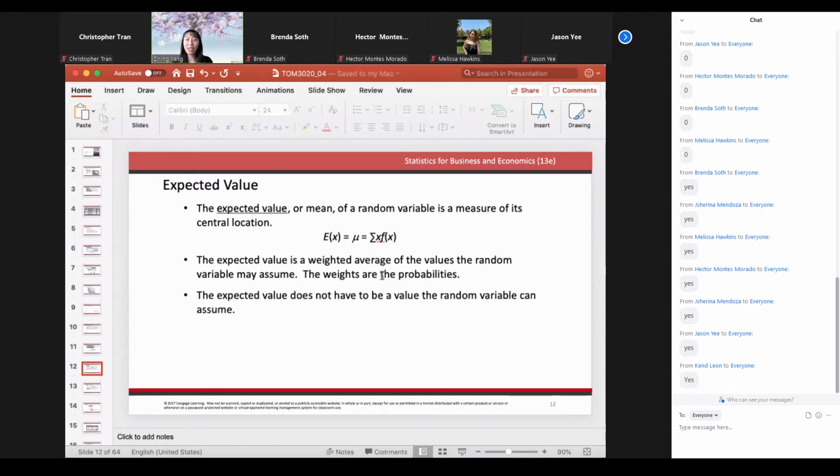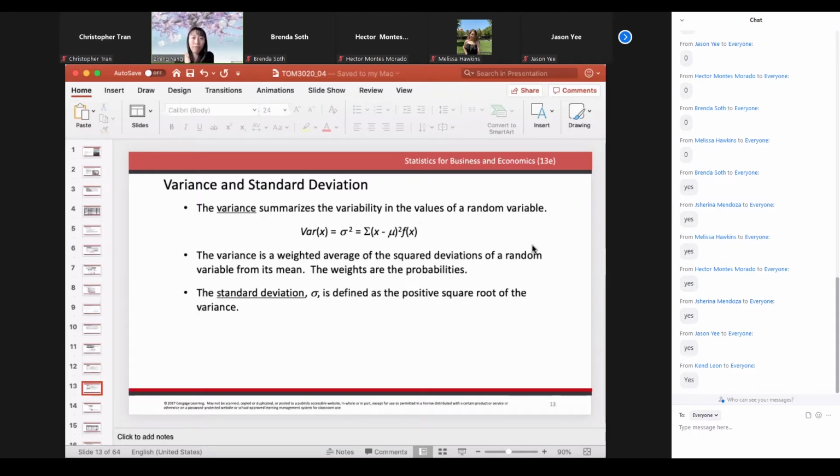That's the exact calculation of a weighted average. Remember your weighted GPA, the weighted average of what you get for this class. That's the same calculation. So that's the mean for a random variable.